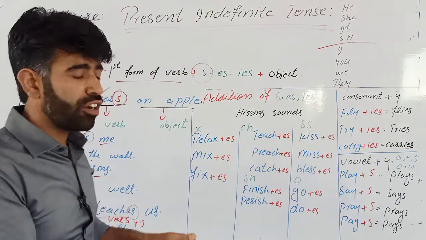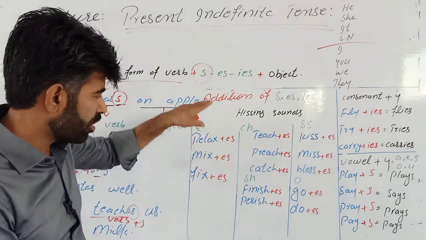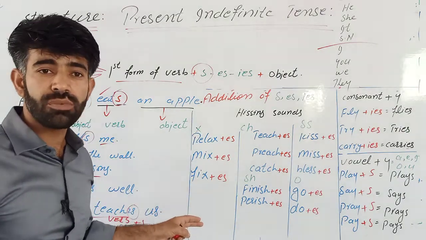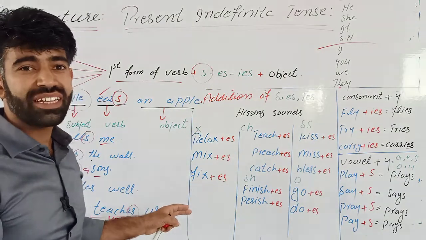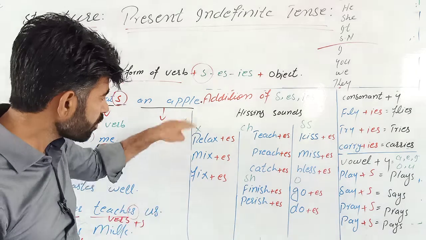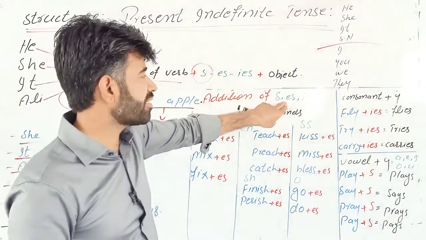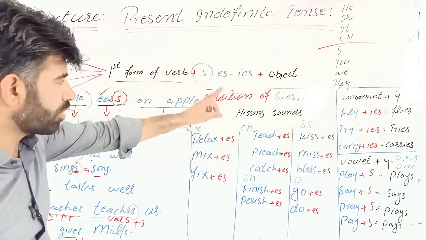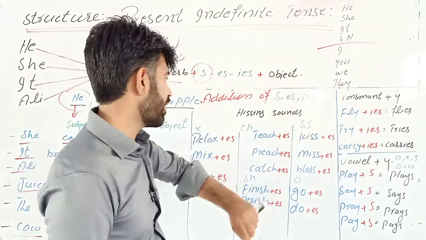They are not aware of these changes, and if you don't know these changes, you will not be able to write a good, grammatically correct sentence in English. So, addition of S, ES or IES. Let's talk about it.